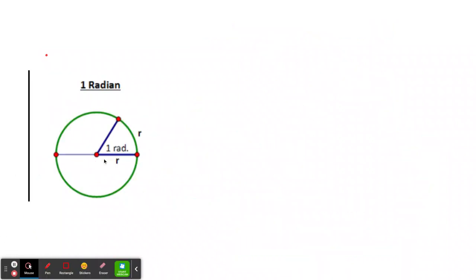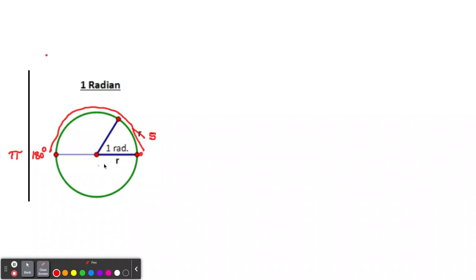Here's a picture of 1 radian with the radius here. This again is the arc length, so we'll just put S for the arc length. I'm going to show you a formula. When you go from this point and go halfway around the circle, we know that's 180 degrees, but in radians it would be pi radians.